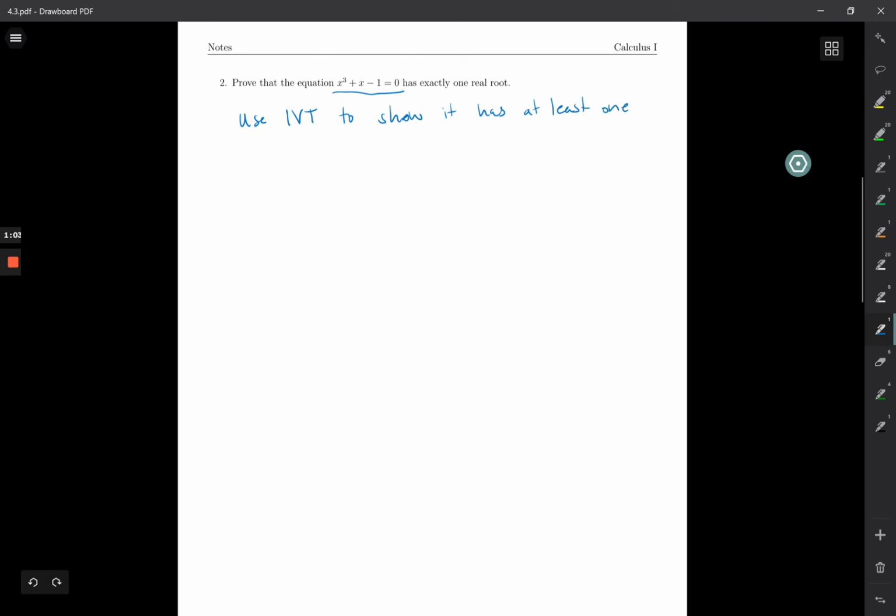Remember that the intermediate value theorem will only tell us that there exists at least one root, and it doesn't tell us how many there are, and it doesn't tell us where it occurs. We actually still don't need to know where it occurs to do this problem. So we're going to first use the intermediate value theorem, and then we'll use Rolle's theorem that we just defined or wrote down.